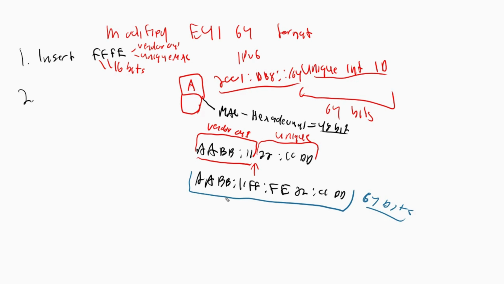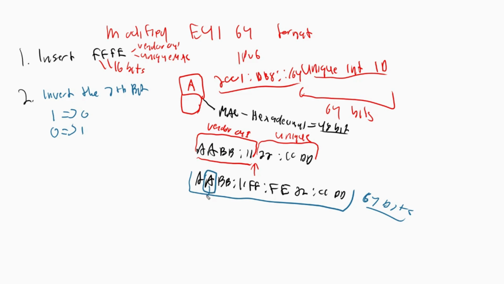What we're going to do to these 64 bits in part 2 of the EUI-64 format is we're going to invert the 7th bit. Now, what does this mean? We have to figure out the 7th bit, flip it, right? So change a 1 to a 0 or a 0 to a 1, and then recalculate this second hexadecimal digit. So how do we do that?